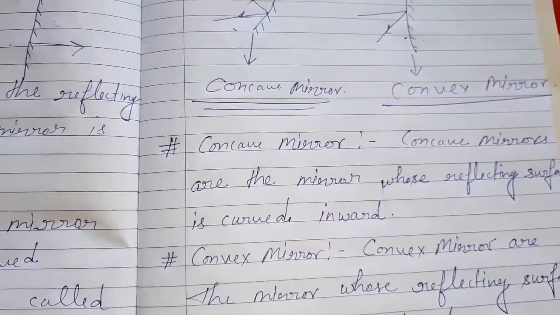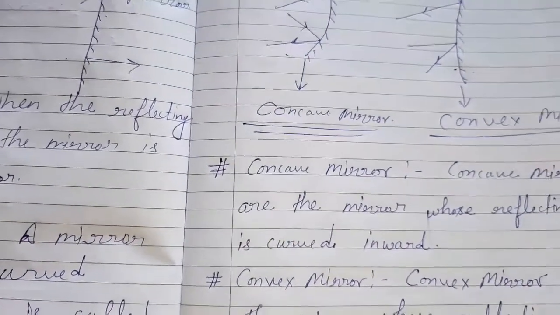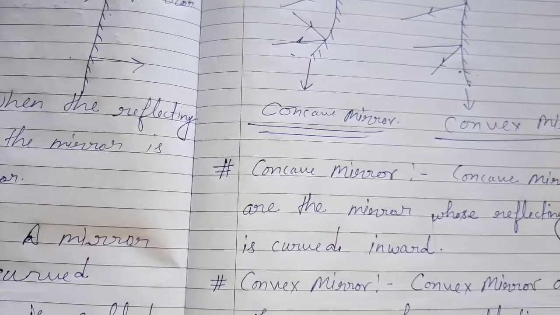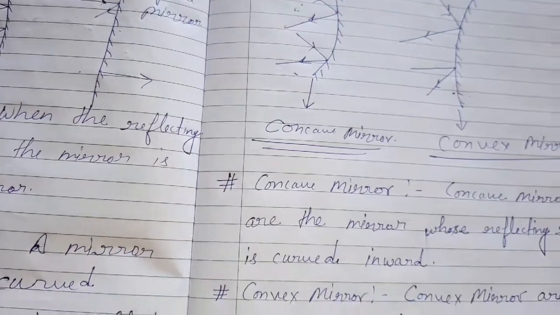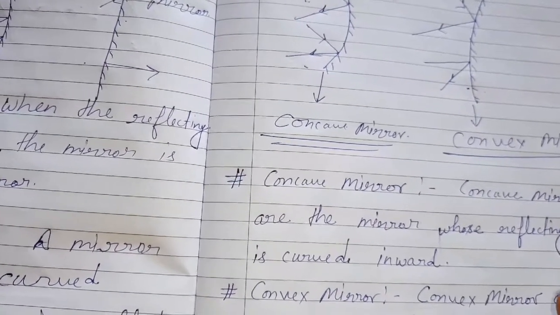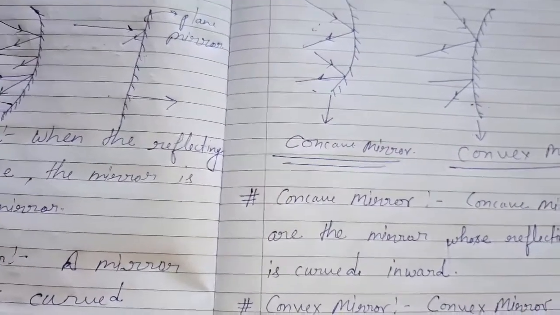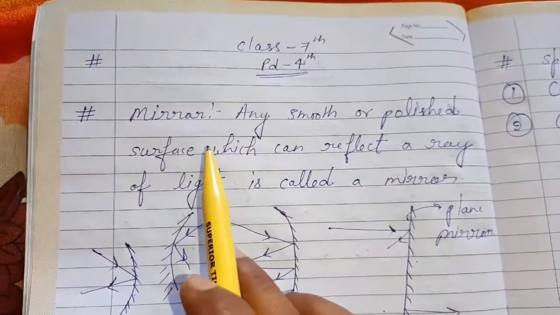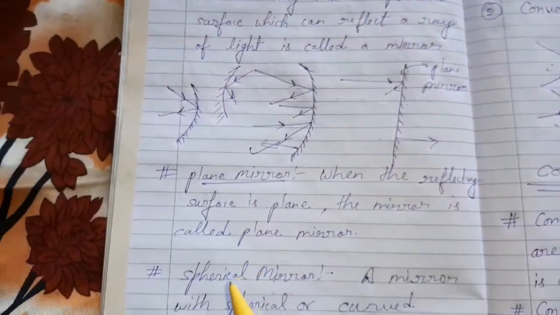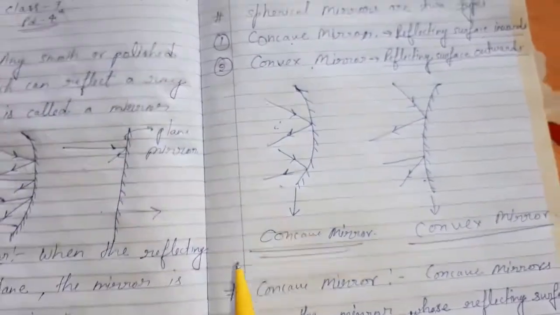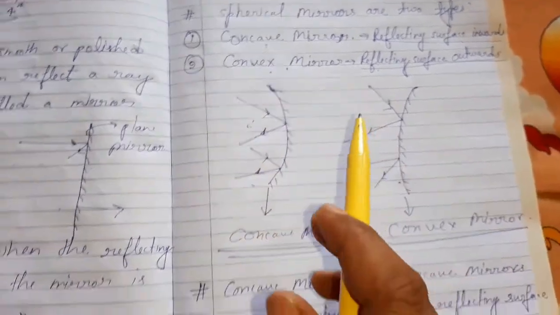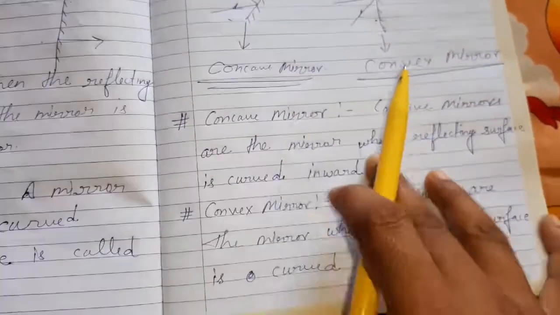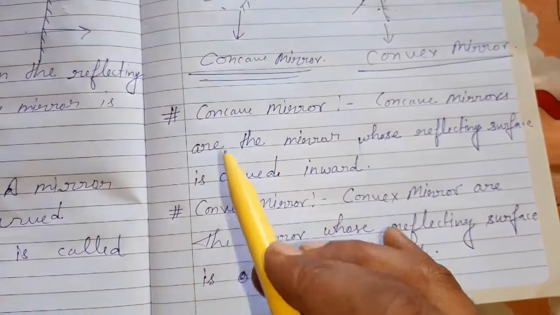So in the next class we will discuss formation of image in a plane mirror, and also formation of image in a spherical mirror. Both topics will be covered in the next class, but from today you can learn what a mirror is, the definition of plane mirror and spherical mirror, how many types of spherical mirror there are, concave and convex, the diagram of convex and concave mirror, and also their definitions.